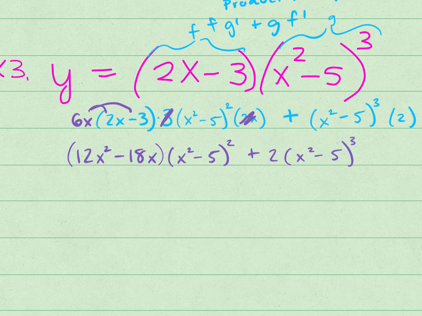We can simplify a little bit more looking at our 2 terms that we have here. So we've got 1 term here and 1 term here. Do we have a GCF? x squared minus 5 to the 2nd power. Perfect. So x squared minus 5 to the 2nd power is going to come out.